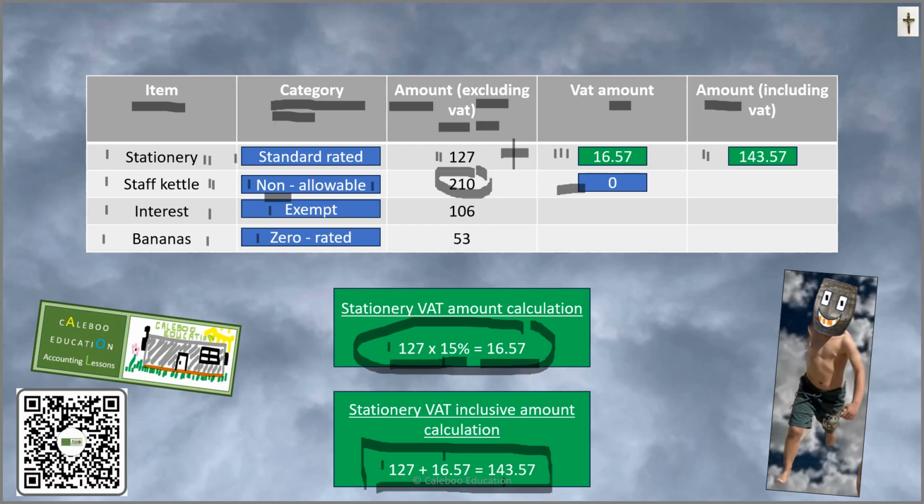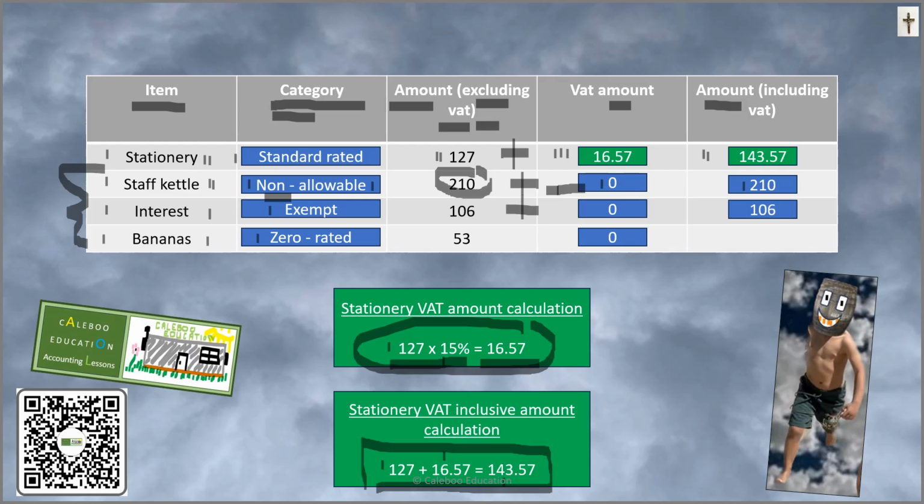Non-allowable items, the VAT is zero. So 210 plus naught. Let me just complete these three categories here. All these three items, there is 0% VAT. And the totals, therefore, 210 plus naught is 210.